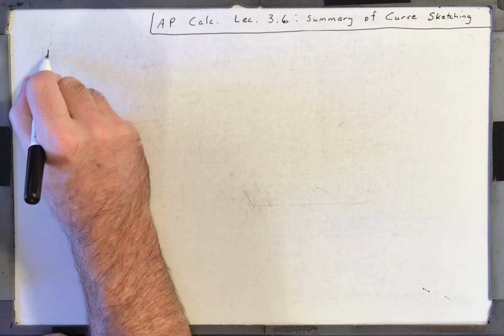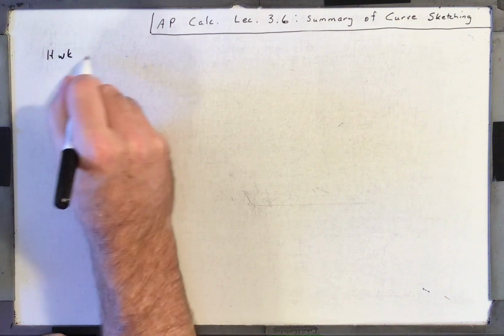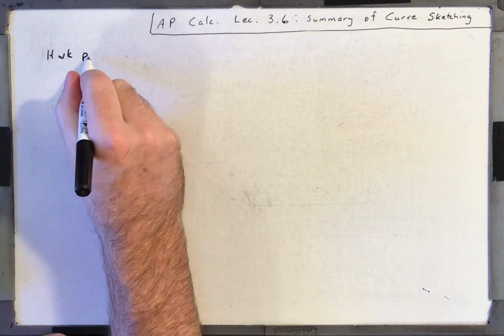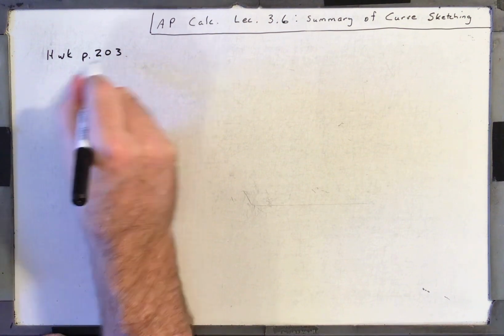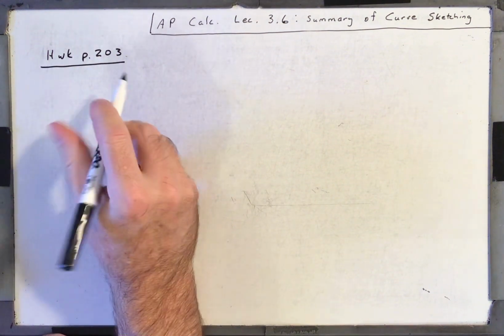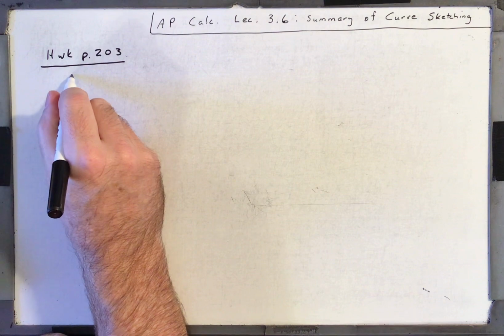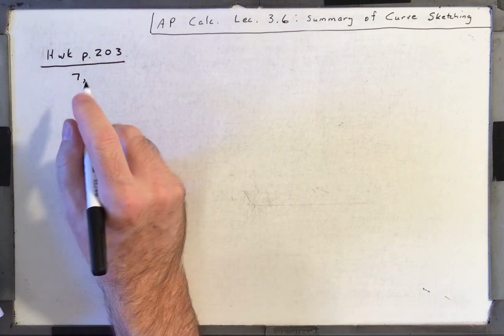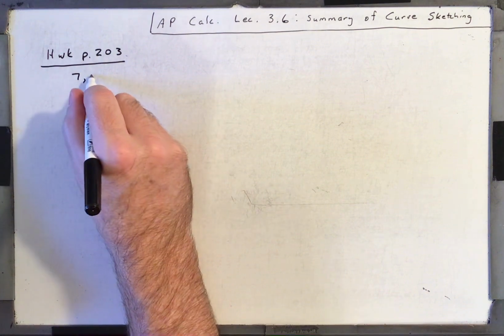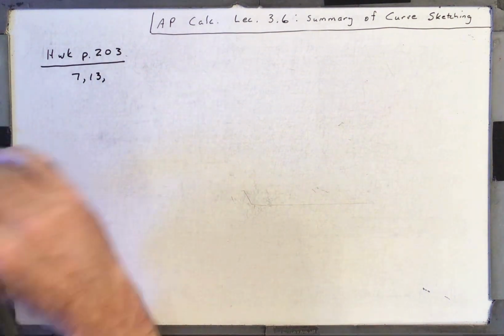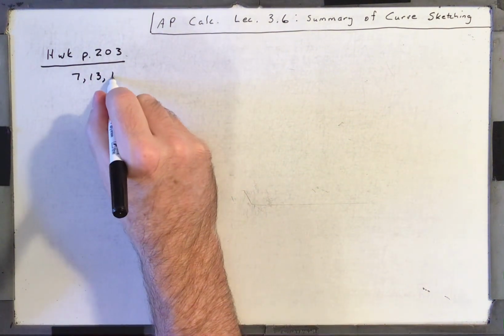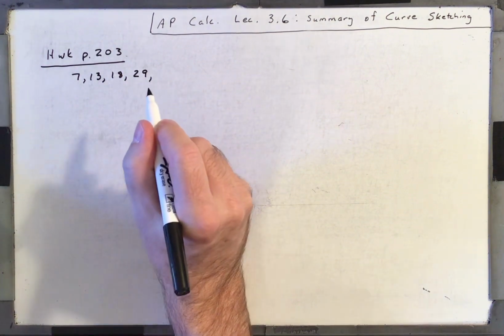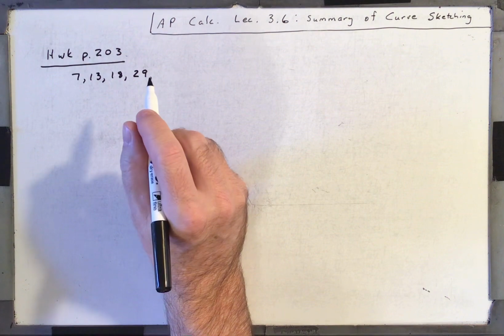So our homework starts on page 203. You're going to do 7, 13, 18, 29, and 34.